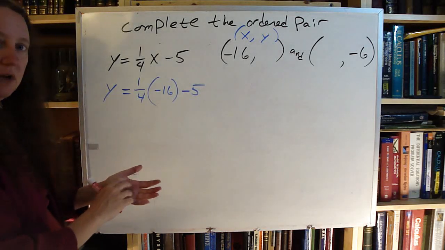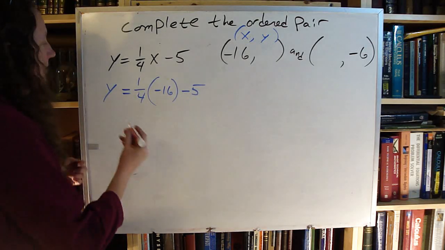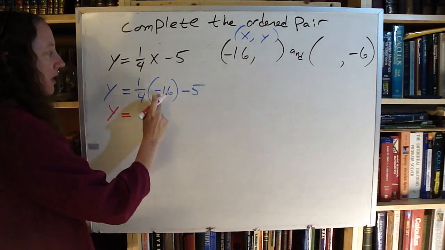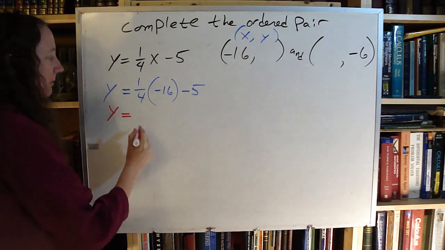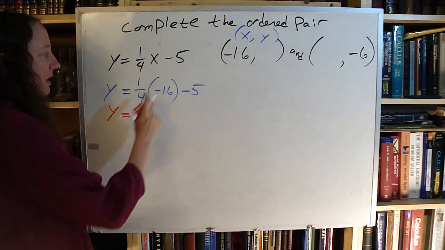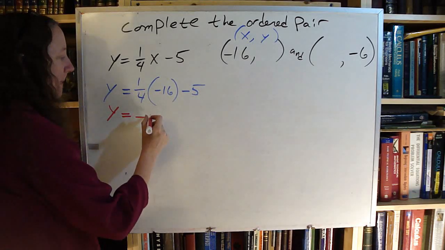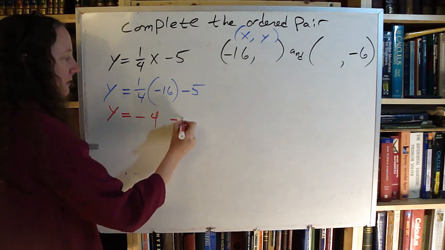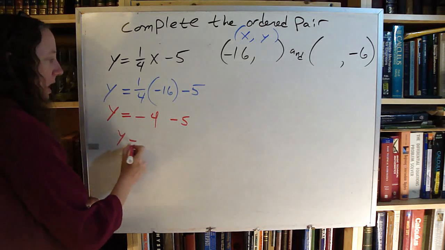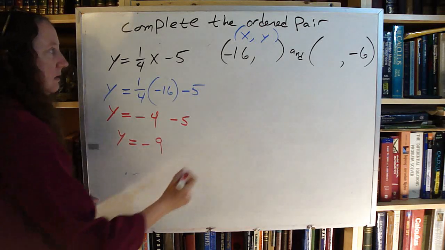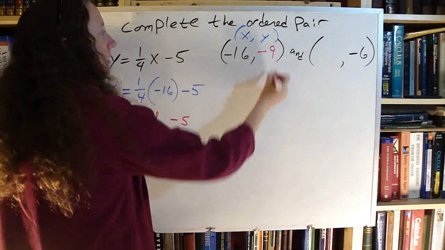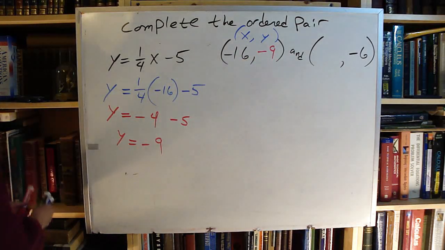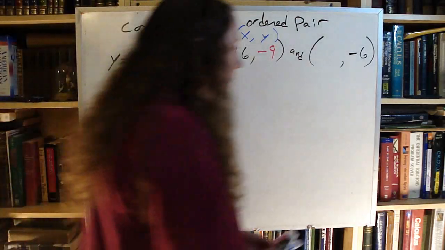Grab my calculator, type it in. Y equals 1/4 times negative 16, so I have a positive times a negative is negative. 1 times 16 divided by 4 gives me 4. Carry down my minus 5. Y is negative 9. Fill my answer into the blank. Going to the other problem.